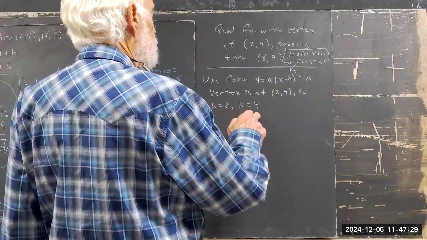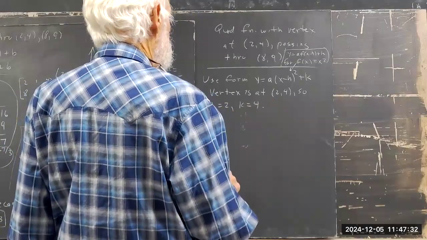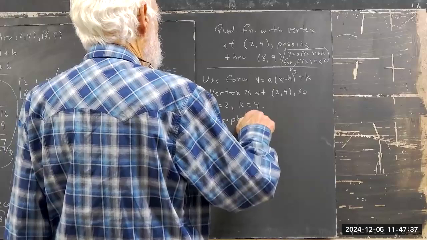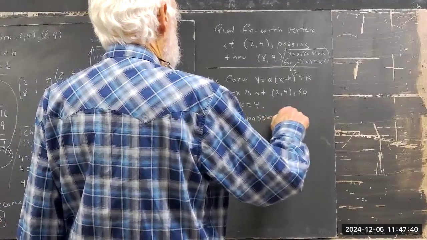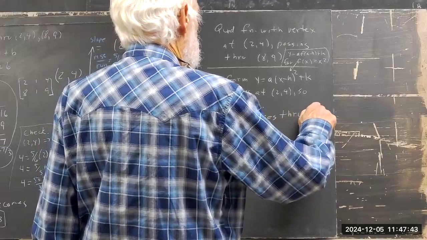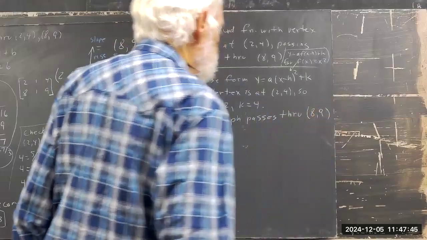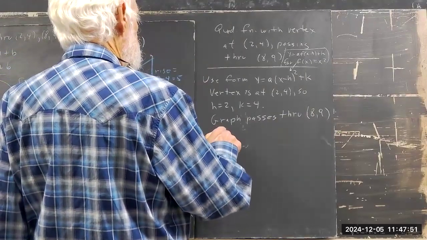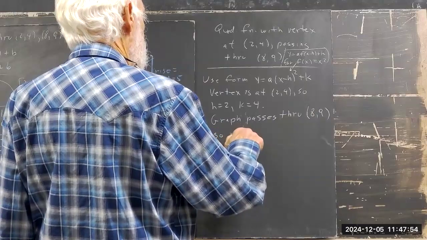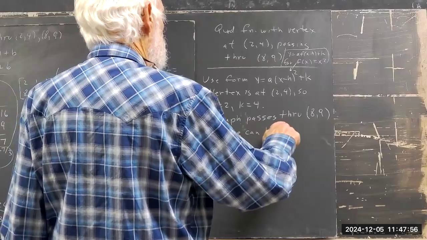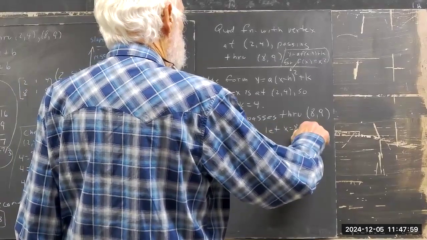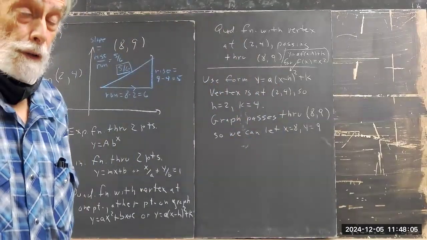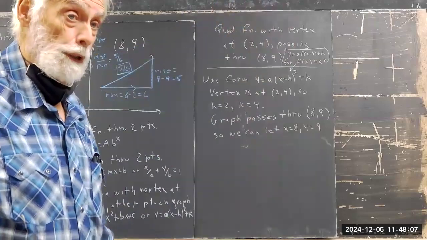So we know h equals 2 and k equals 4. The graph passes through the point (8, 9). So from that, x equals 8 and y equals 9. Now, in an ordinary class, I'd ask you to go ahead and write down the equation you get.